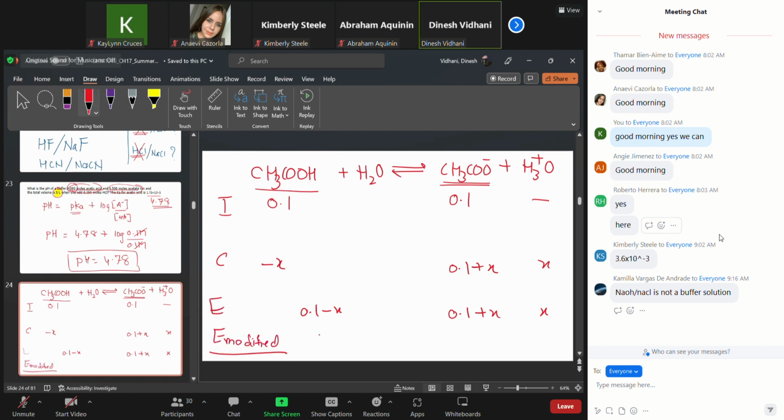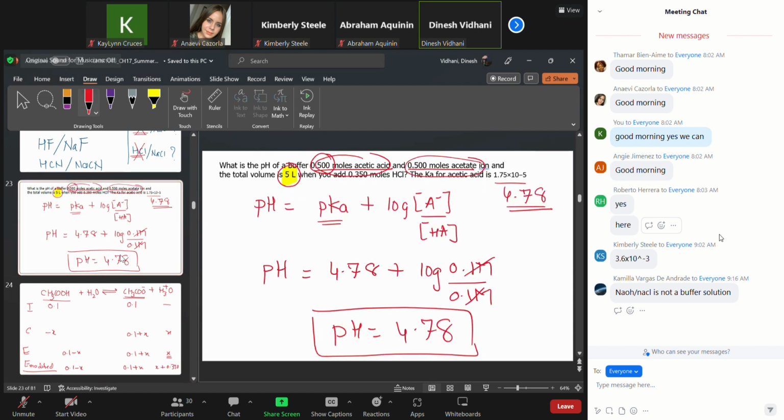This is E. Now, at equilibrium, I'm adding hydronium ion, which is 0.35. This stays the same, but now this changes to X plus 0.350, because we are adding this amount, right? You can see that. Is it the number right? Or did I make any mistake? You have to be prompt. I'm adding 0.35 moles, but then that too is in 5 liters.